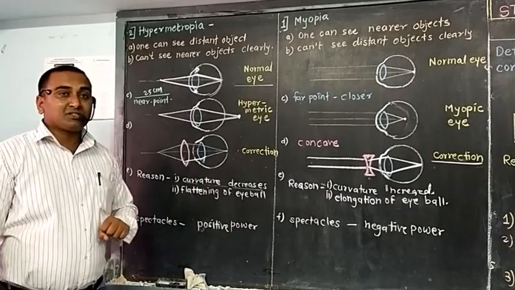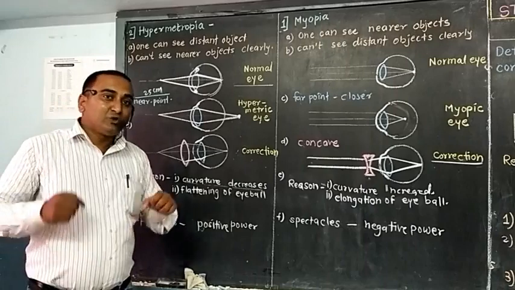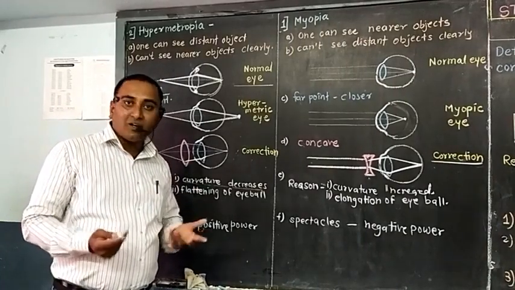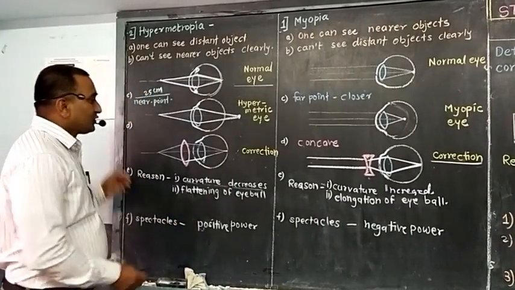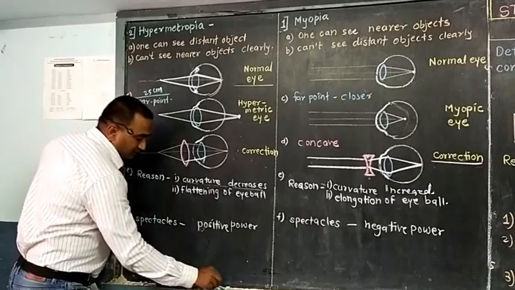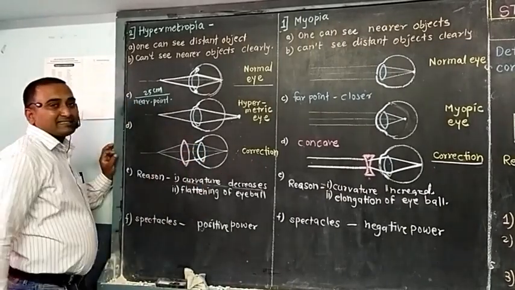What should be the correction here? Bending should be more. So which lens are we using to bend the rays? A double convex lens, or a convex lens. To correct this defect, we should keep one more lens in front of our original lens.